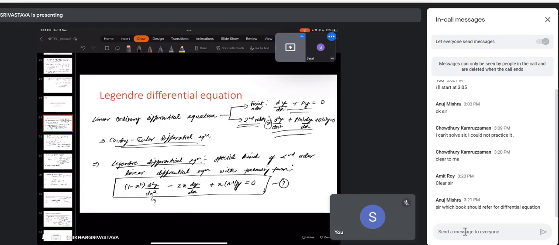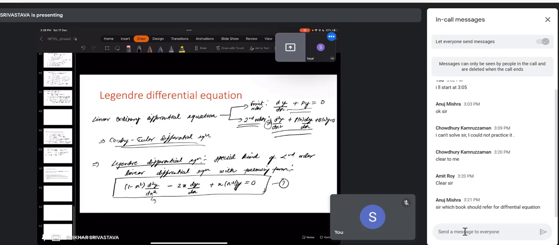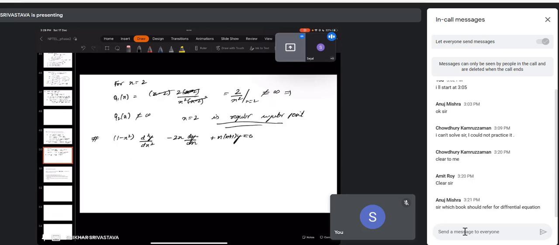Now you just convert it into the general form. You just divide all the terms by 1 minus x square, so that you get n(n plus 1)y equal to 0.